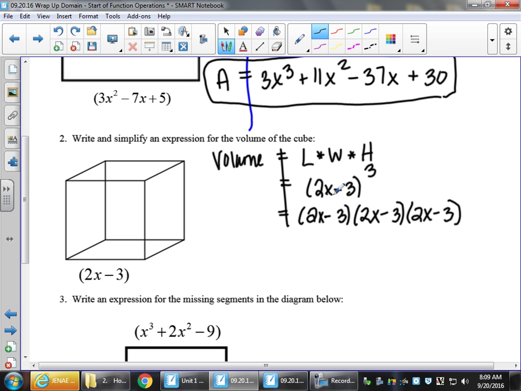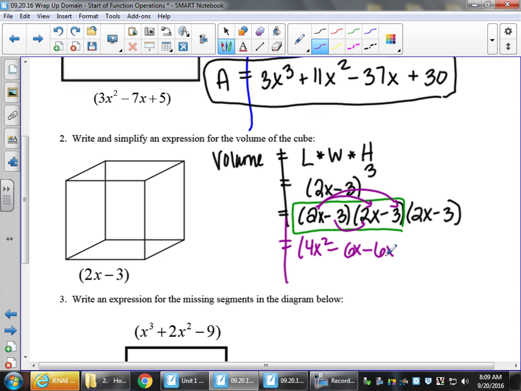I'd recommend tackling just the first two. Leave this one aside for a second. So just work on this. So we're going to do 2x times 2x, 4x squared, 2x times negative 3, so when I combine like terms, I now have 2x minus 3 times that.